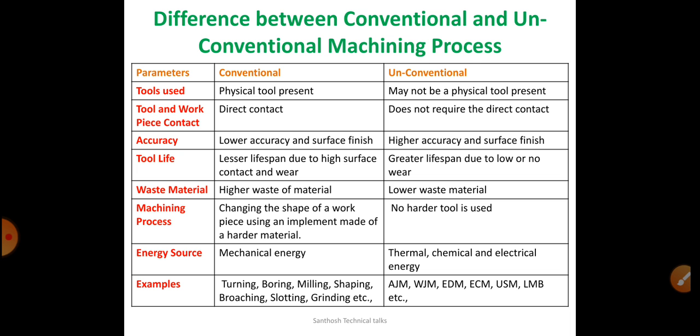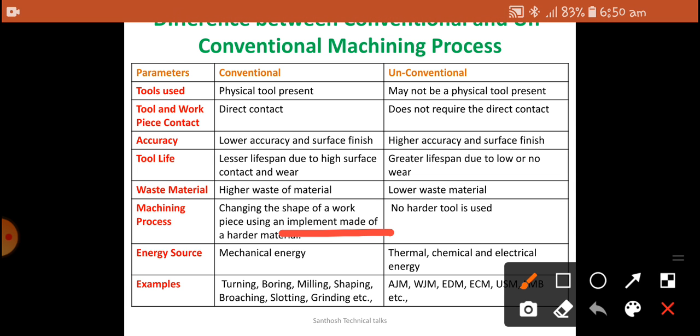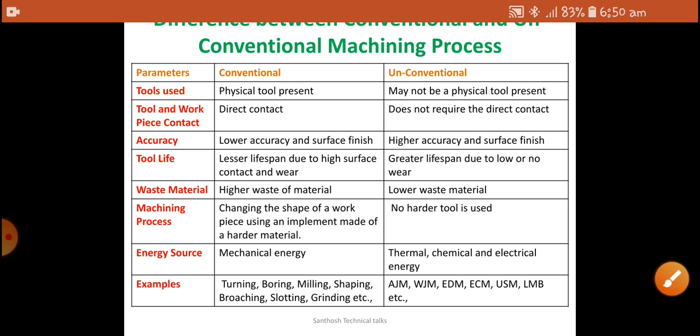Here you have to understand this point: the workpiece should be softer than the tool, or the tool is harder than the workpiece. In unconventional, no harder tool is used. Sometimes copper can machine HSS like that.